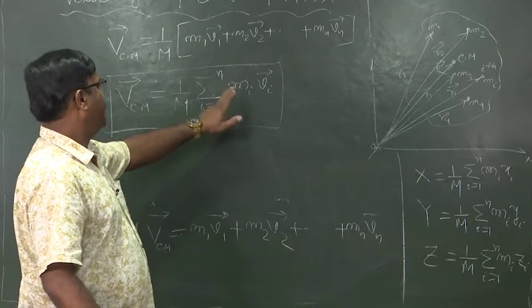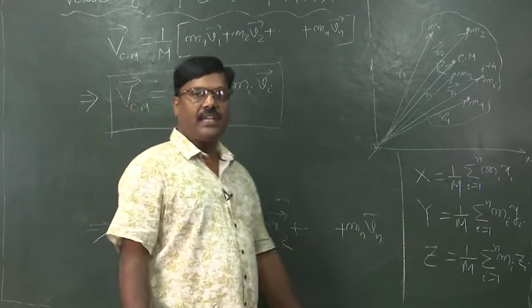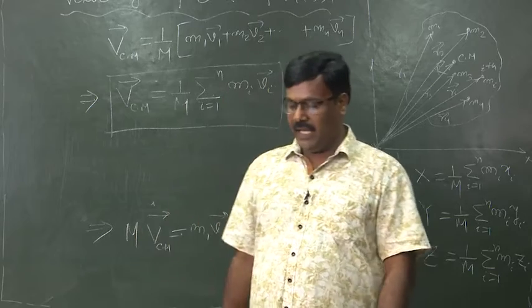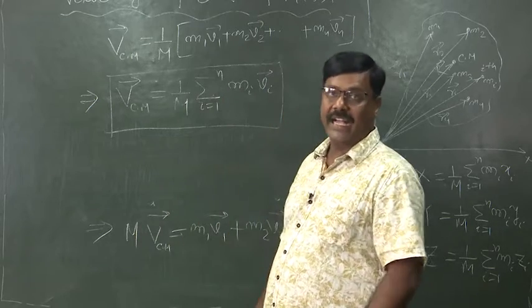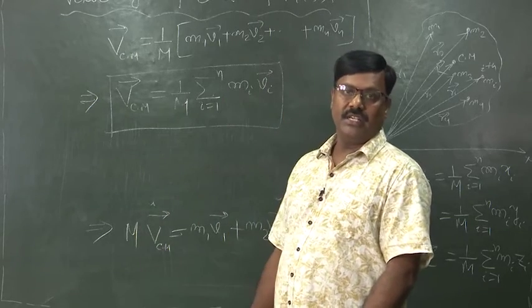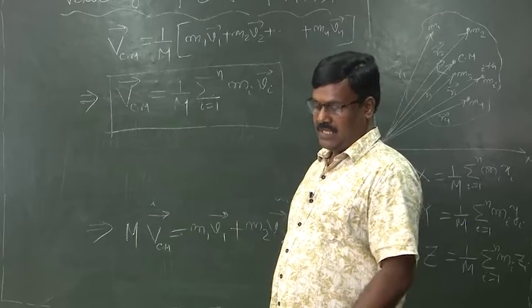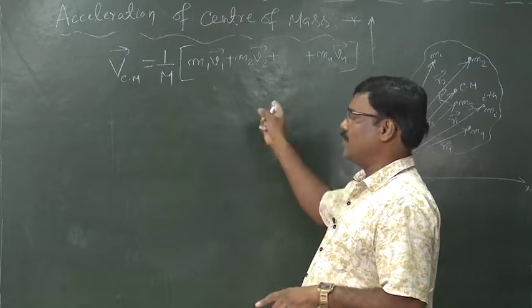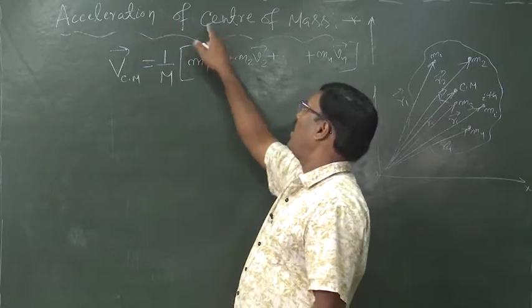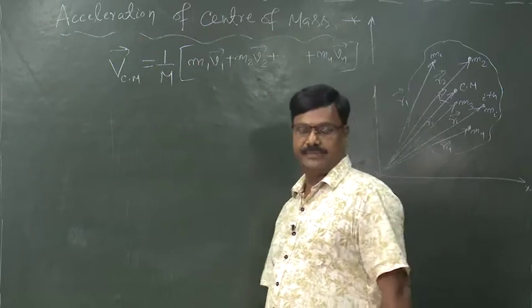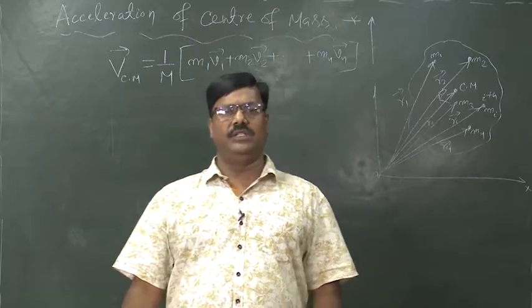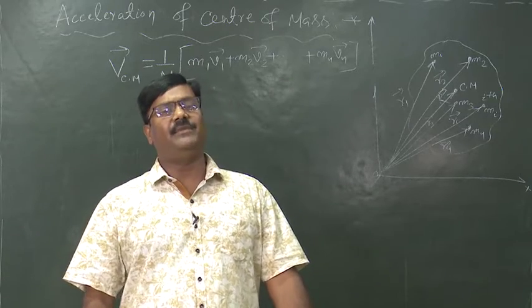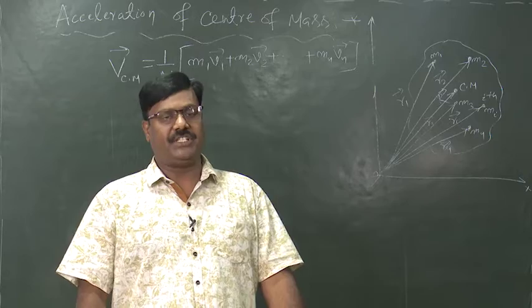Now, from this expression we can also calculate the expression for the acceleration of the center of mass of the system. Now, let us calculate the acceleration of the center of mass. And as we know, the acceleration is the time derivative of the velocity.